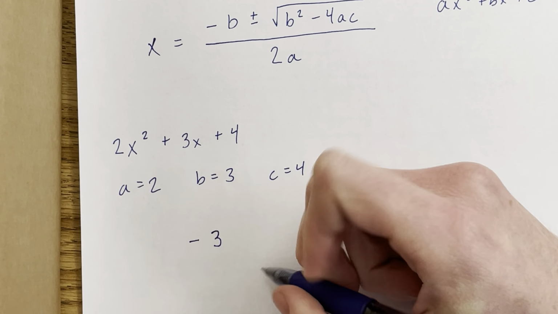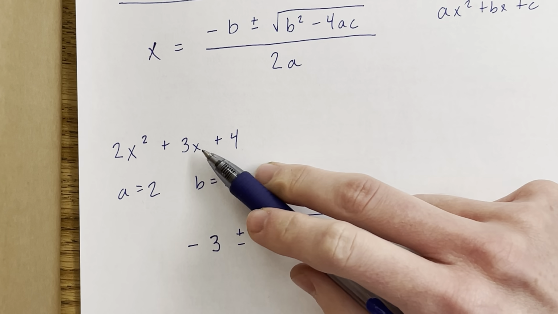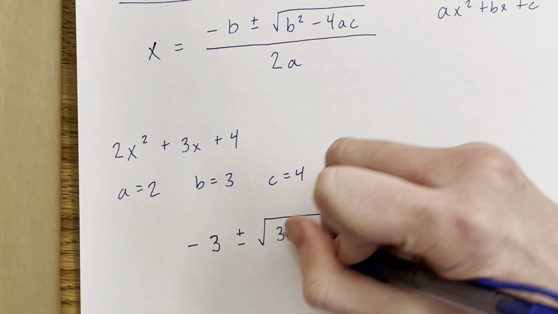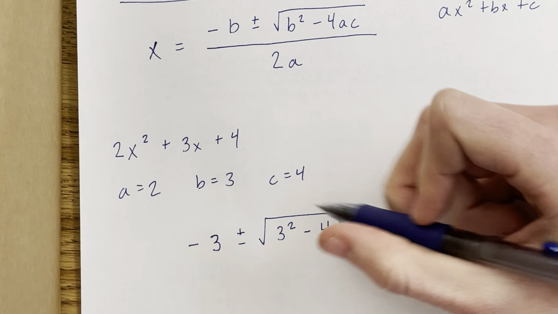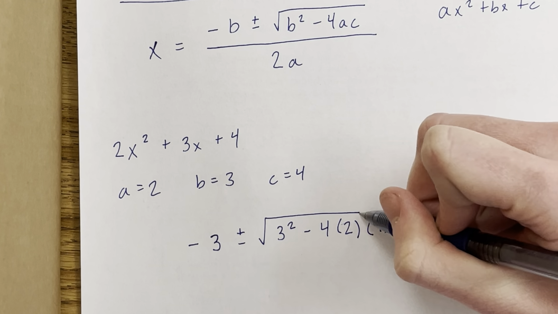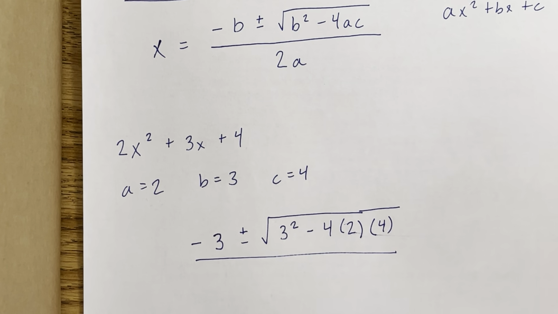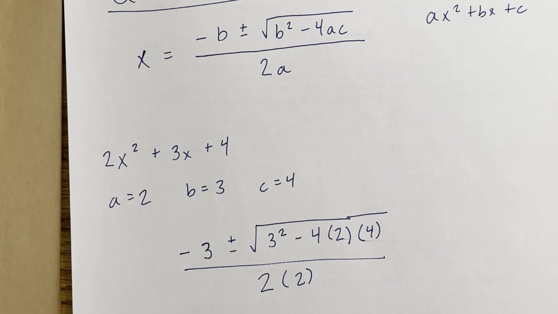So that'd be 3. Plus or minus the square root of b squared, which would be 3 squared, minus 4 times a, which is 2, times c, which is 4. And then all of that over 2 times a, which is 2.